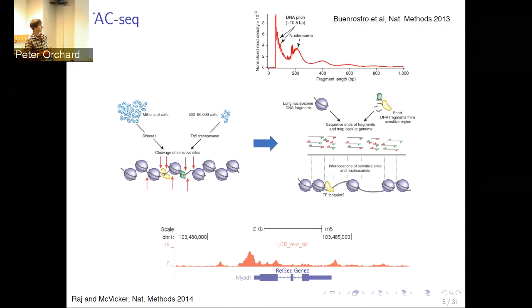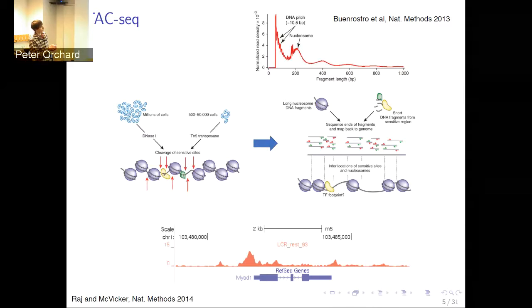Something else that's worth mentioning here is that if you look at the fragments of DNA that come out of this assay, you frequently see a very interesting pattern. This is from the original ATAC-seq paper, and you basically see an abundance of short fragments. So that represents cases where you have 2 transposase cuts between nucleosomes. That would be like those two arrows there.